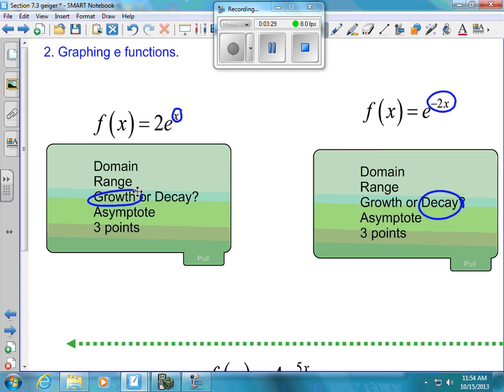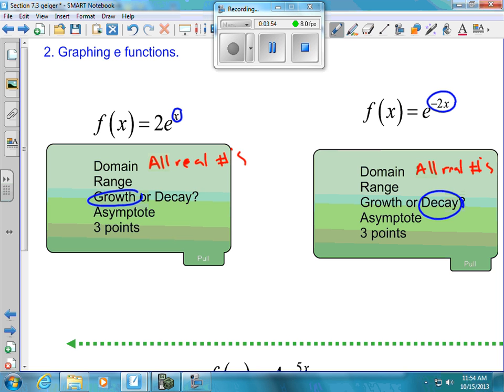In this case, we can plug in positive or negative numbers for x, and we'll get an output. It doesn't matter. So our domain for these is all real numbers. And in fact, for all these growth and decay functions of base e, your domain should always be all real numbers, because there's no limit on what we can and can't plug in.